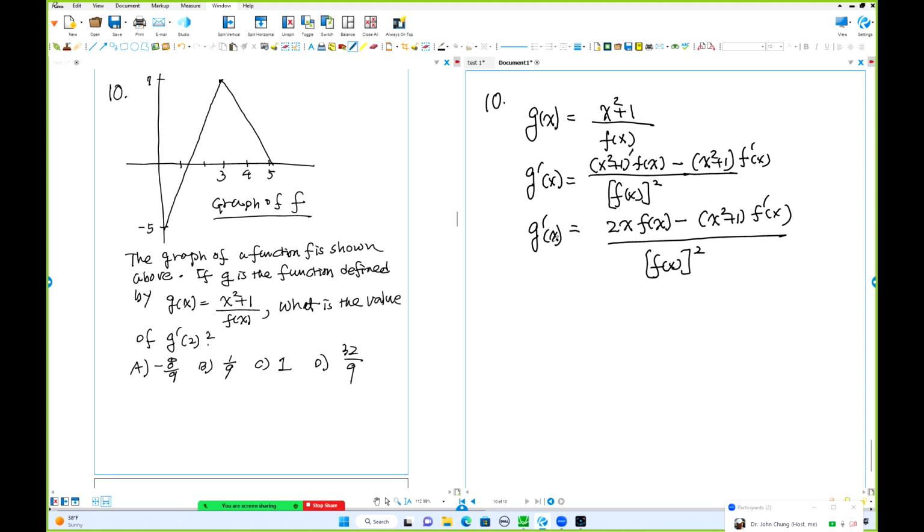Now from here, we put in x equals 2. So 2 times 2 is 4, times f of 2, minus 2 squared plus 1 is 5, times f prime of 2, over the denominator, f of 2 squared. Are you okay with this? So now let's find f of 2. How much is that?